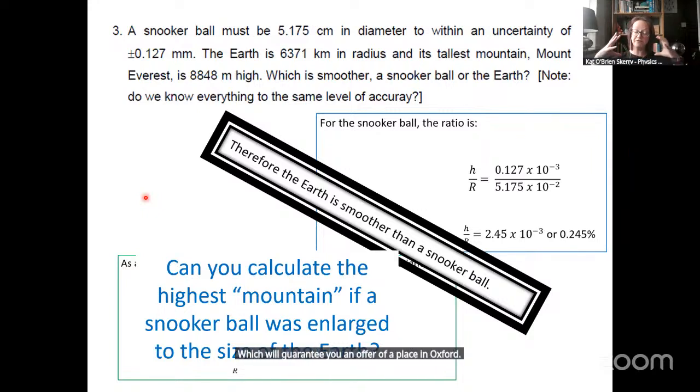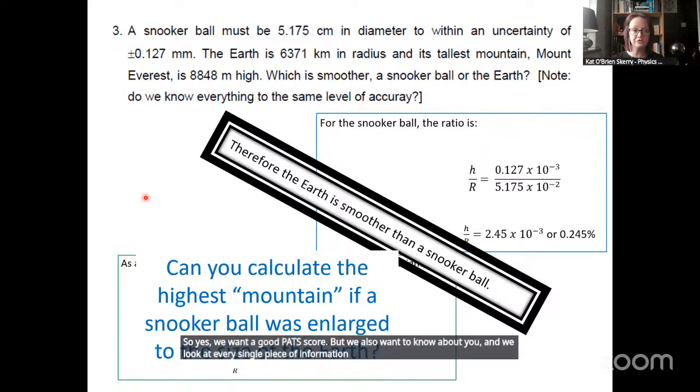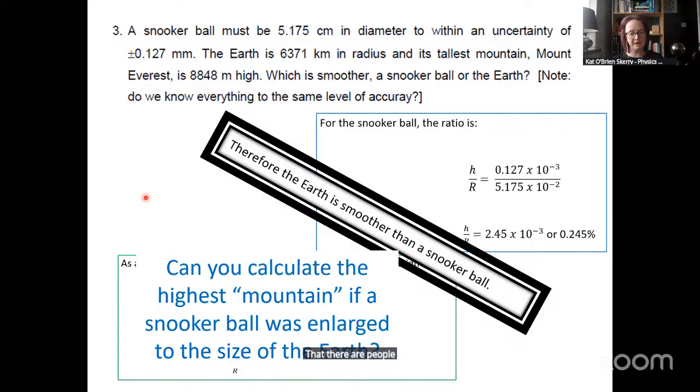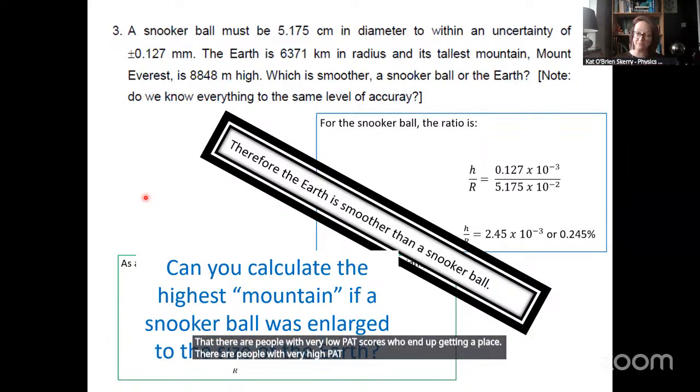We look at every single application as a whole and as an individual. So yes, we want a good PAT score, but we also want to know about you, and we look at every single piece of information. So you will see over the years that there are people with very low PAT scores who end up getting a place. There are people with very high PAT scores who don't get offered a place after interview. So there is no specific PAT score.